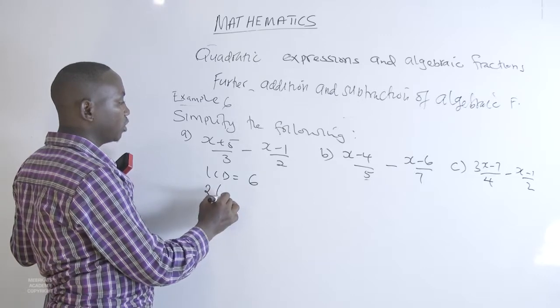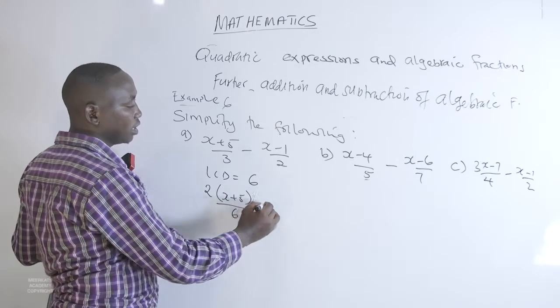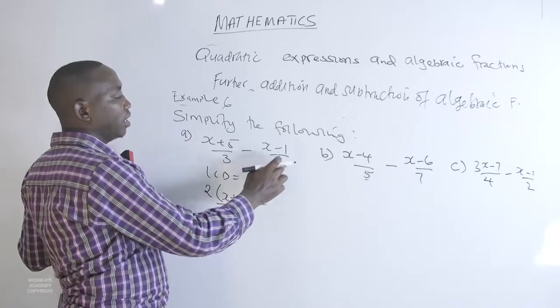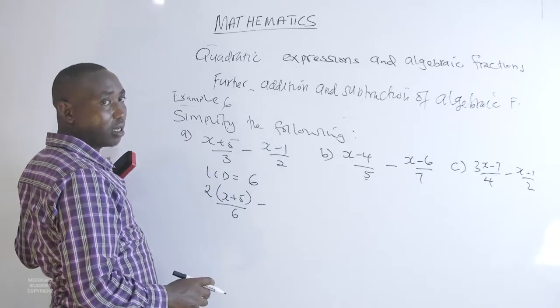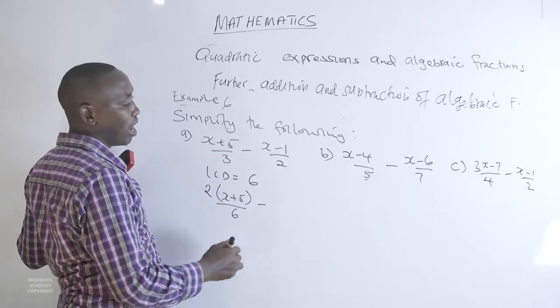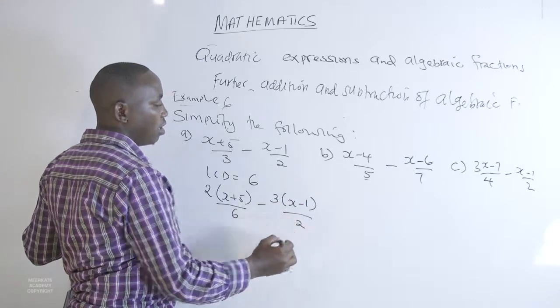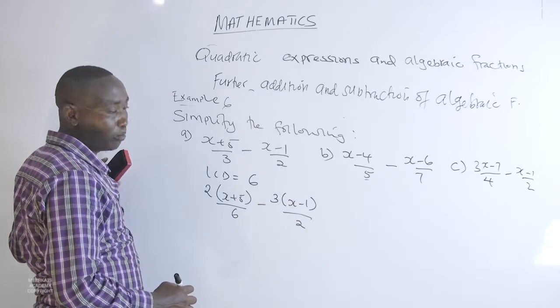So that will be 2 into x plus 5 over the new denominator, which is 6. Subtract 2 goes into 6 3 times, so that means we multiply our expression by 3. That will be 3 into x subtract 1, all this divided by 2.